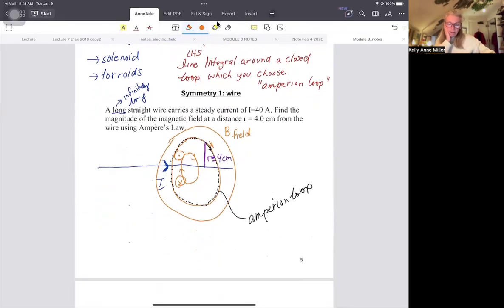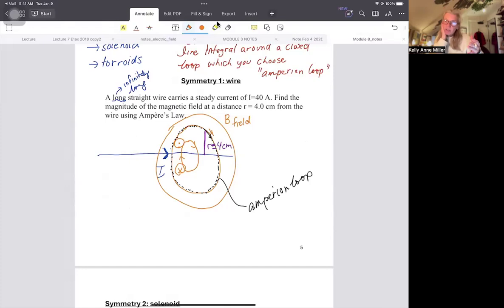Which is the case. So that's why I chose it as a loop. That's how you decide what the shape of your Amperian loop is. You draw it such that the loop follows the B field path, so that the line integral is very simple.